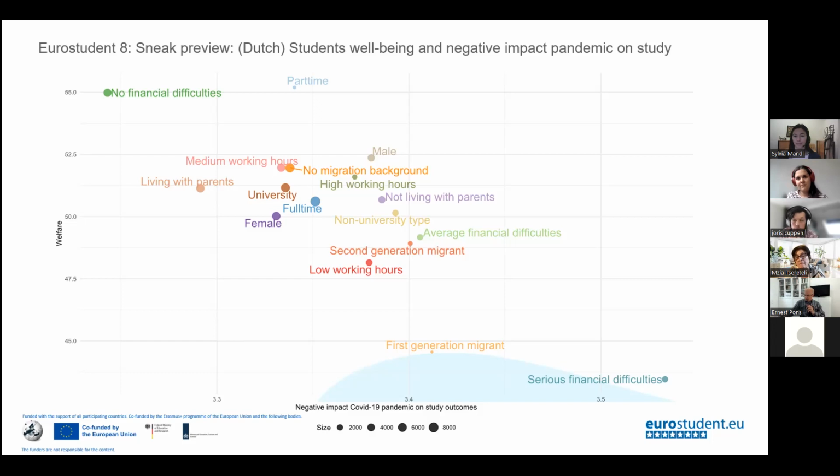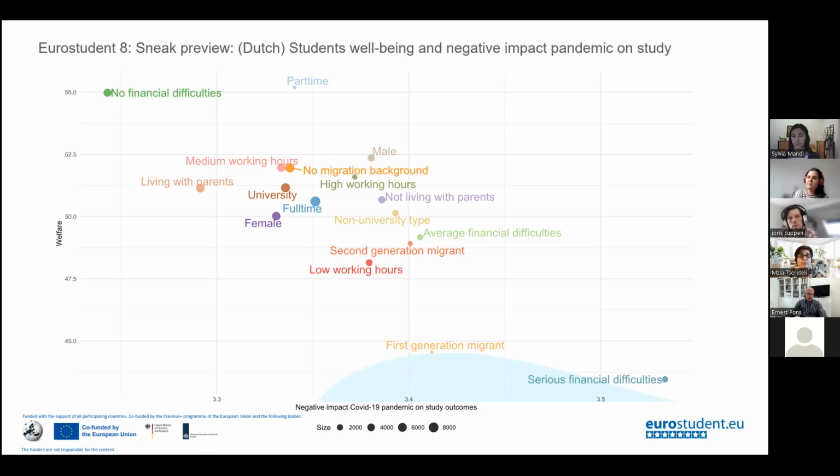So yeah, and one thing we added to the EUROSTUDENT 8 microdata, or will add. EUROSTUDENT 7 is only available in a scientific use file, and you have to apply for it individually. But for EUROSTUDENT 8, there will also be a campus use file. So teachers can use it, and it means the anonymization is made more extensive.